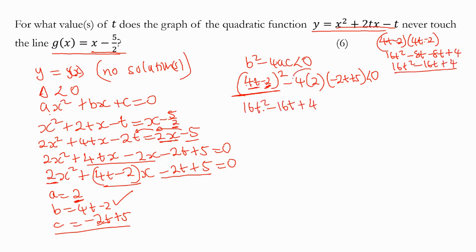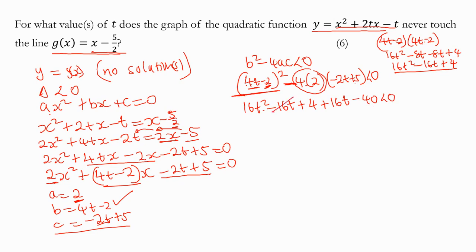Then minus 8 times negative 2t is positive 16t. Then negative 8 times positive 5 is negative 40, less than 0.